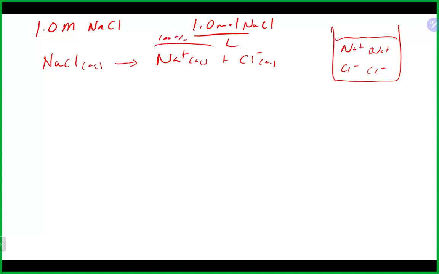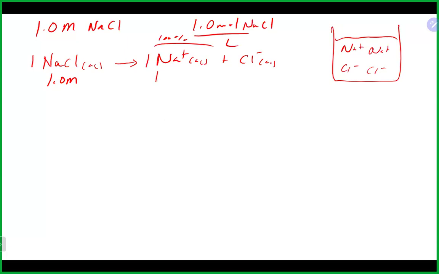Now, how does molarity work if you're interested perhaps in just the ions concentration rather than the whole thing? It works just like stoichiometry, which means this is a 1-to-1 relationship between the whole thing and the sodium ions.